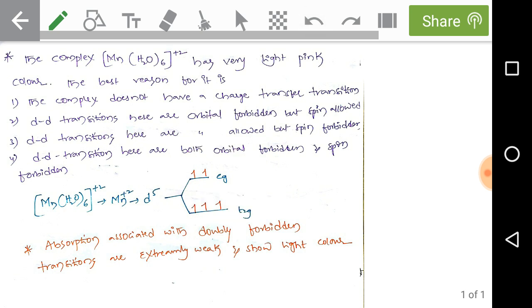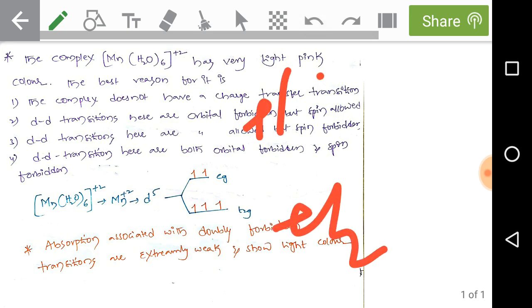Right. Now after drawing this, we need to look at the selection rules. First we look at the spin selection rule. We know that according to the spin selection rule, the spin must not change during the transition from one energy level to another. For example, if an electron with plus half spin is transferring, it should remain plus half.